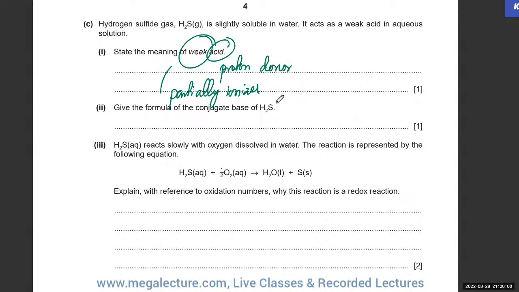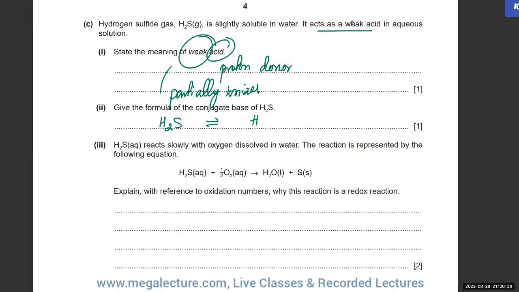Give the formula of the conjugate base of H2S. You're saying H2S is slightly soluble in water. It acts as a weak acid in aqueous solution. So H2S over here acts as a weak acid, which means it's going to lose an H+ ion.